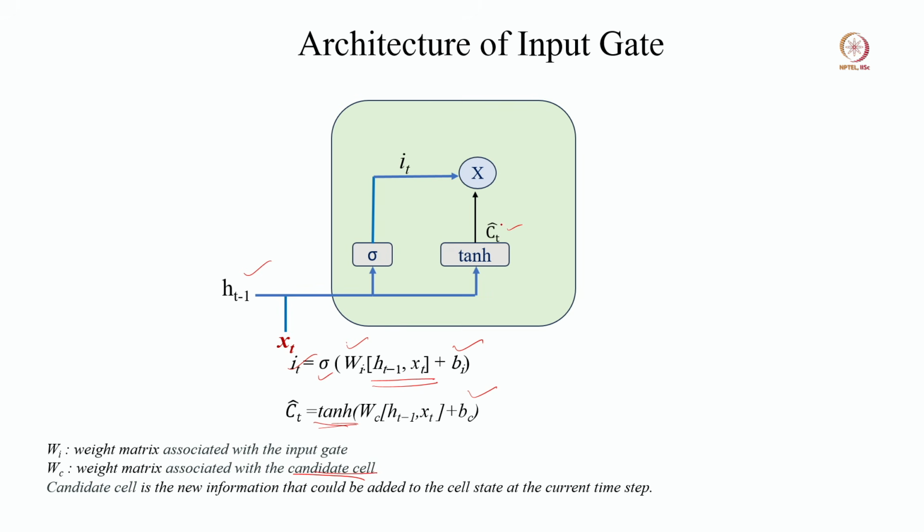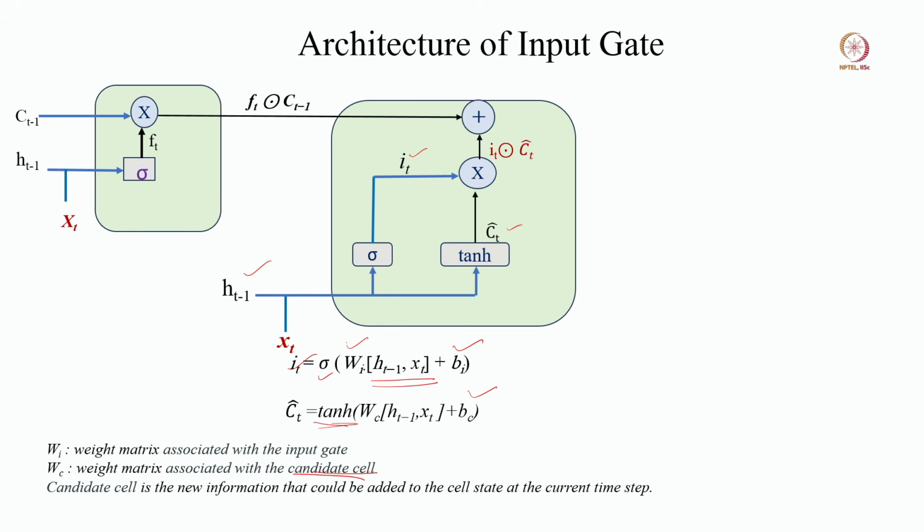Now, this Ct hat gets multiplied with it, and it is element wise multiplication. Then there is an additive term here with something which is coming from the forget gate. If you remember, this was our forget gate, and from the forget gate we were getting as output ft into Ct minus 1.